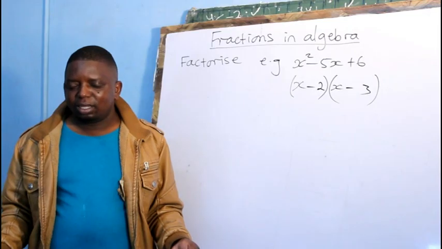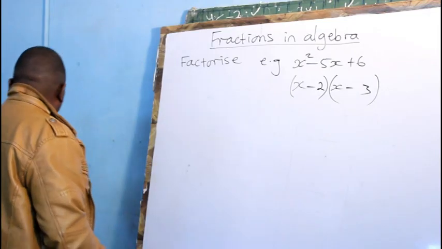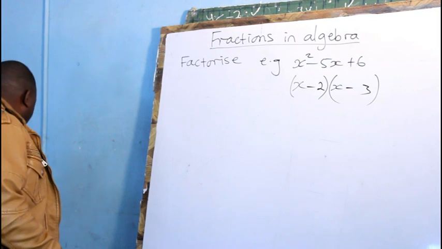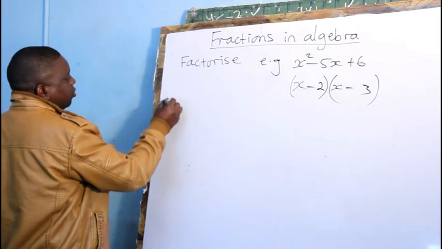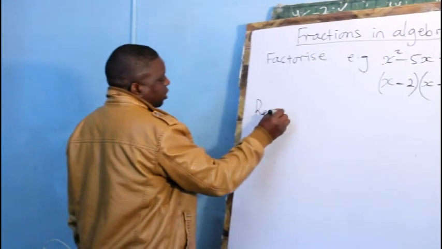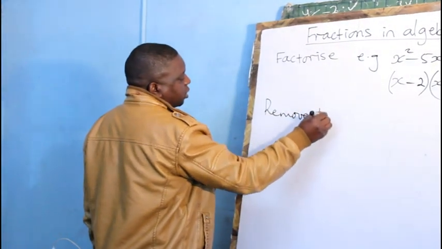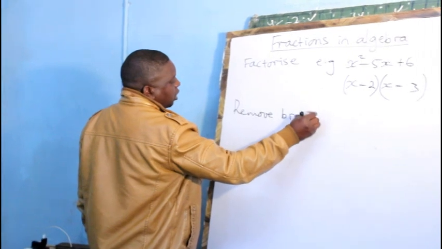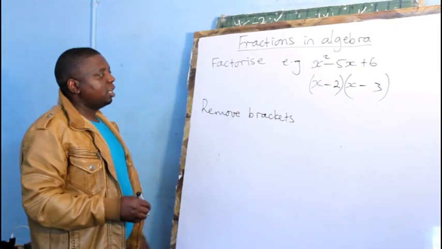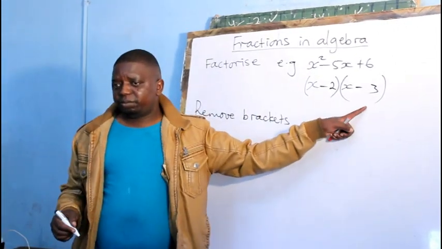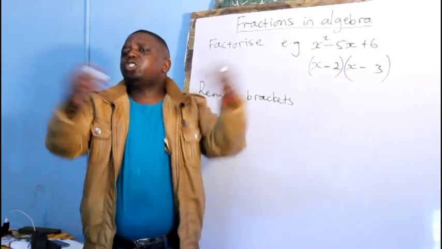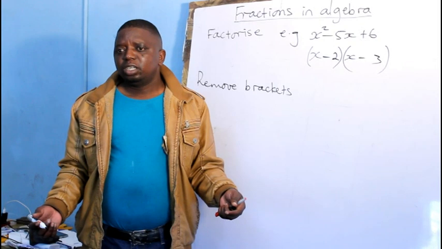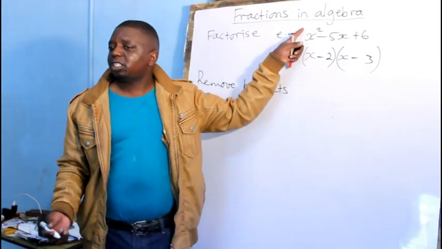Then to remove brackets, we reverse the factorization, multiplying to show it is the same expression.